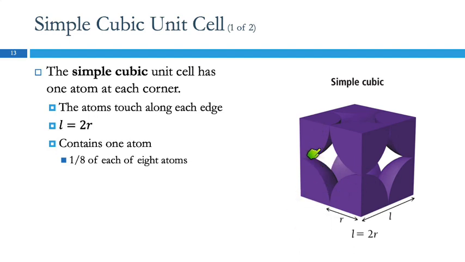And fill in this one. And then if we put another one of these on top, it's going to fill in. And so if you put enough of these together, you're going to have a whole atom in each corner. Here the atoms are touching along the edge of the cube. The edge length is called L, and R is the radius of the atom. So because these touch along the edge, then L is equal to 2 times the radius of the atom.